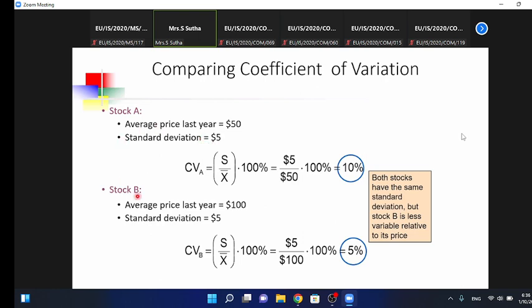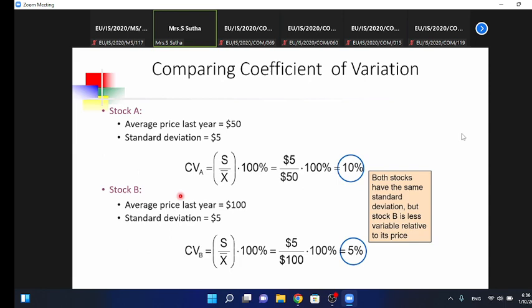For stock B, over the same last year, the average price is $100, but the standard deviation is also $5. So in both cases the standard deviations are the same, but the average prices are different. Now we want to look at which stock shows more variation, stock A or stock B.